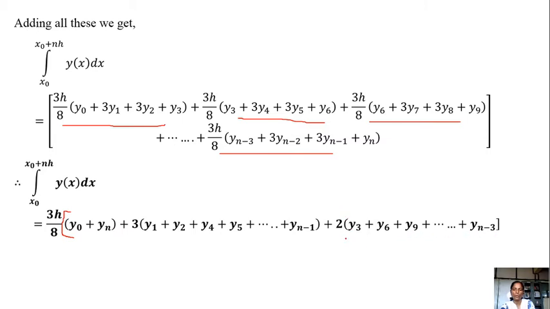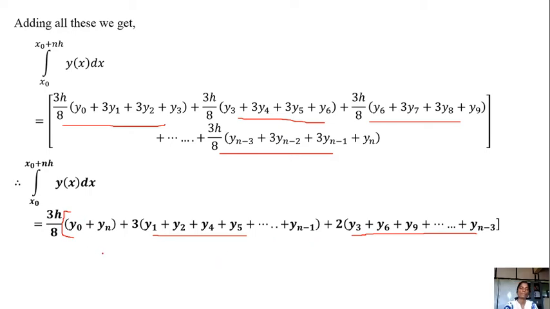So in the bracket, yi where i is a multiple of 3, and here 3 multiplied by yj, where j is not a multiple of 3. If j is not a multiple of 3, then what will be the values of j? So j is equal to 1, 2, 4, 5, 7, 8, then 10, 11, etc.